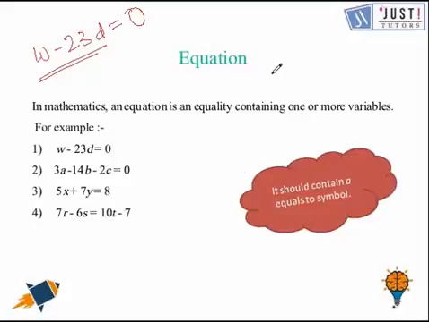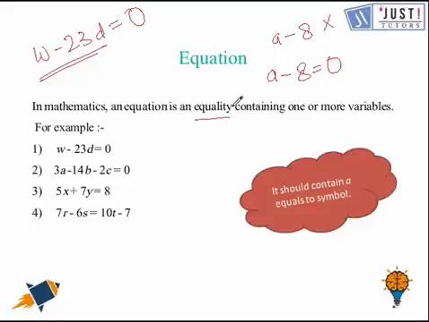For example, A take away 8 equals 0 is an equation, but if I write A take away 8 without an equals to sign, this is not an equation. This is just an expression. In this way, we can classify equations and expressions. The difference between an equation and an expression is just a single equality sign.